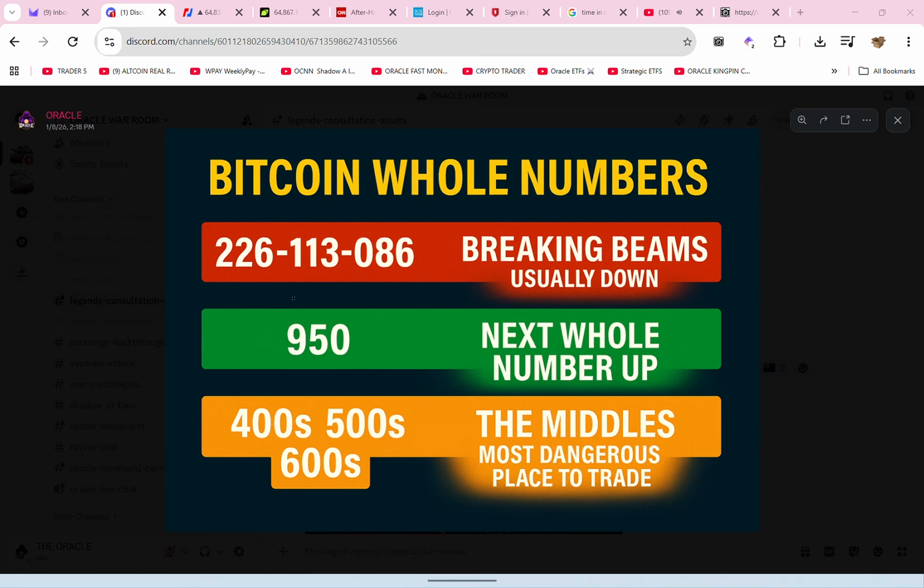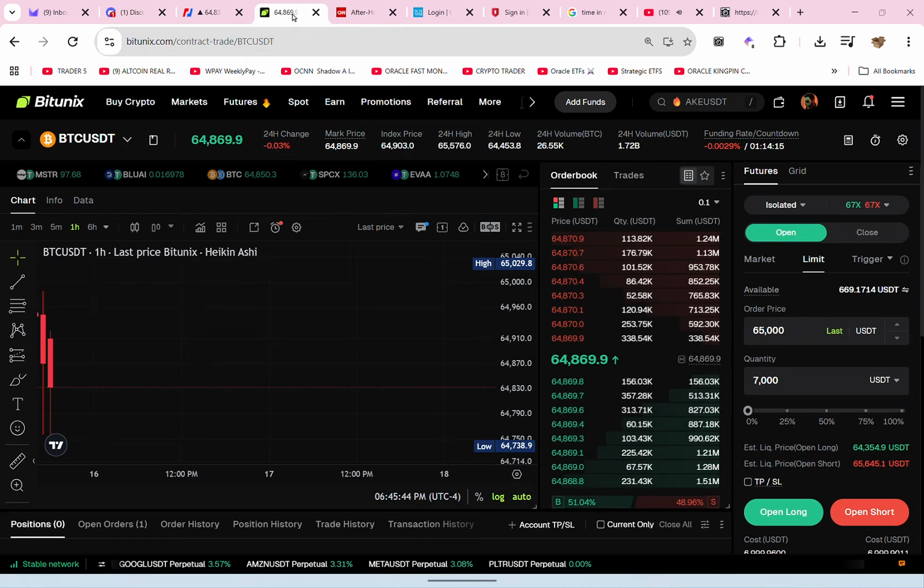That means you'll go up to the next whole number. So in this instance now, we've already been to the 65, and it broke several times. If you wanted to short it, you just got to wait. People just closed their epic shorts down here at 64.7 from over 65.